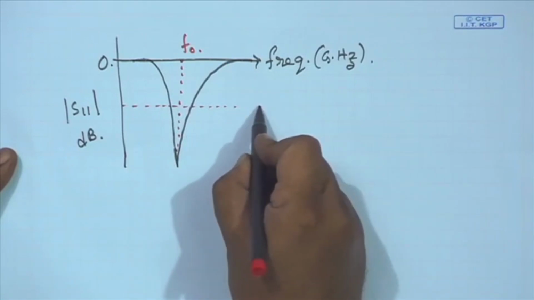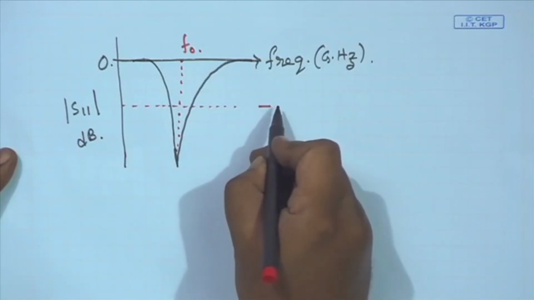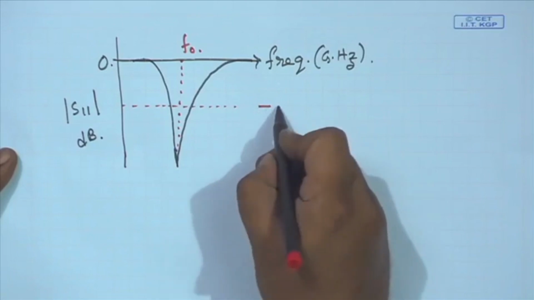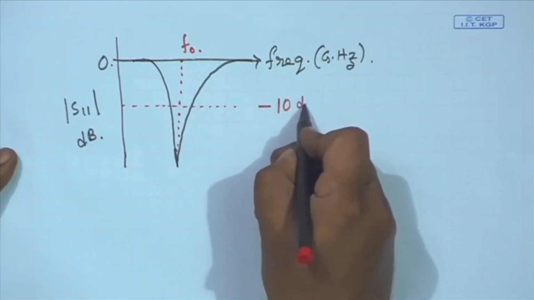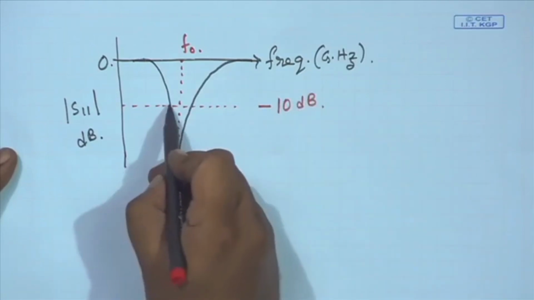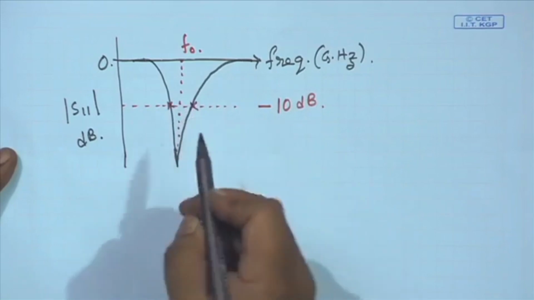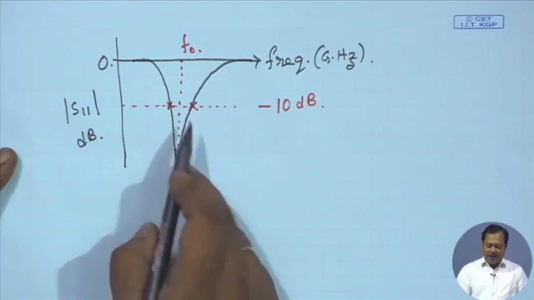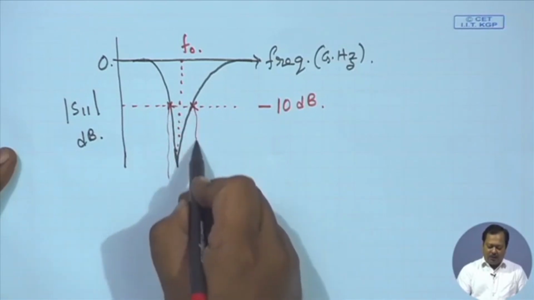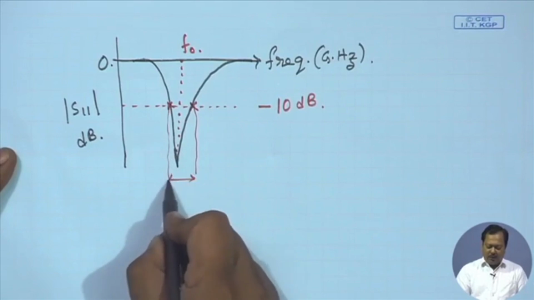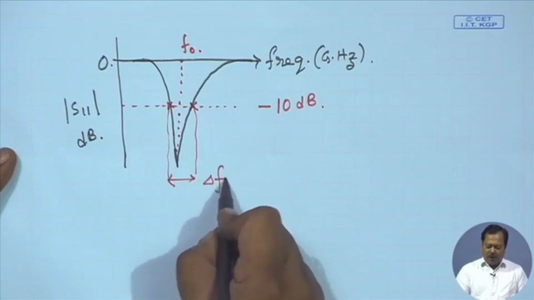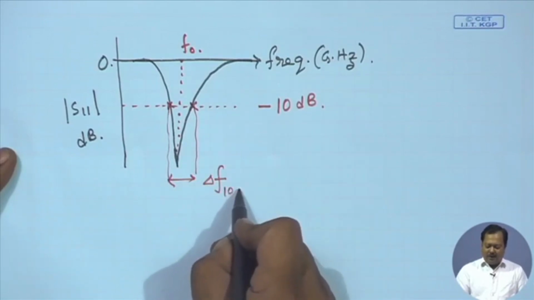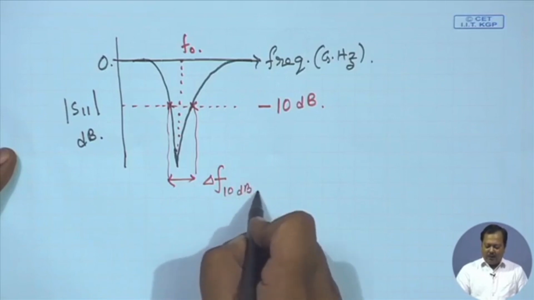In some definitions, mostly for handheld devices and small antennas, we consider the 10 dB matching point. So, we see where the value of S11 is minus 10 dB, and the corresponding bandwidth delta f we sometimes call the 10 dB bandwidth.